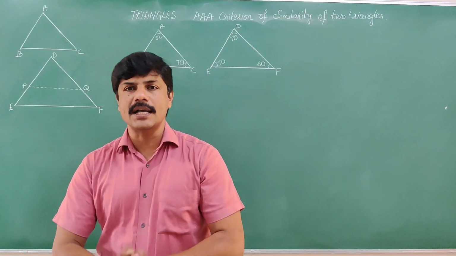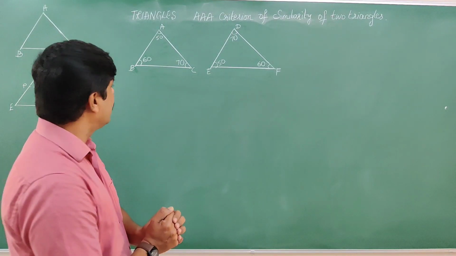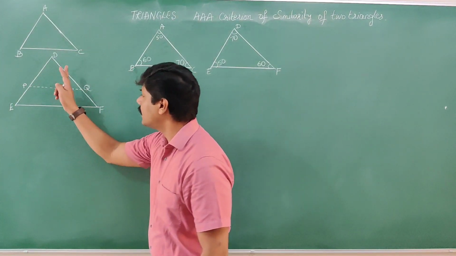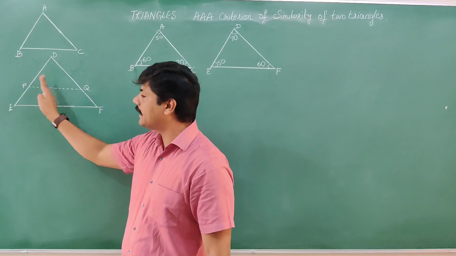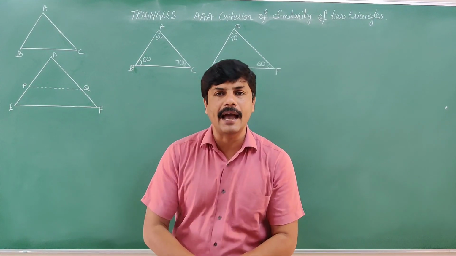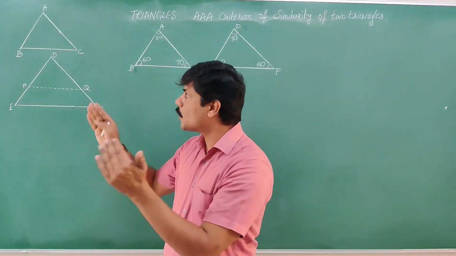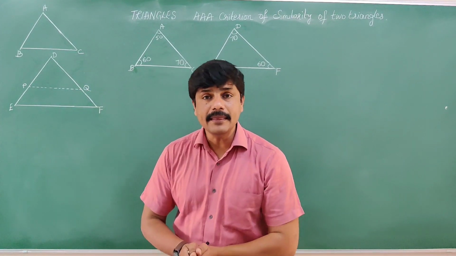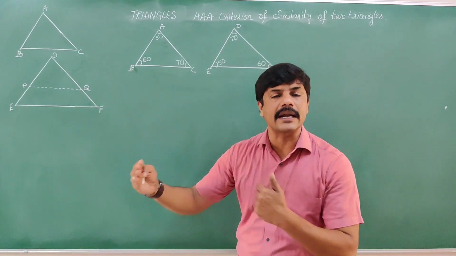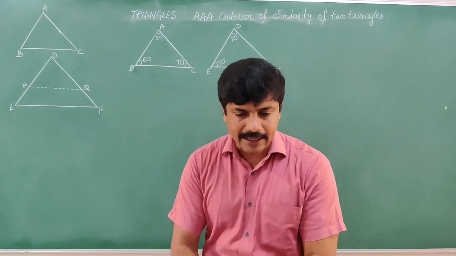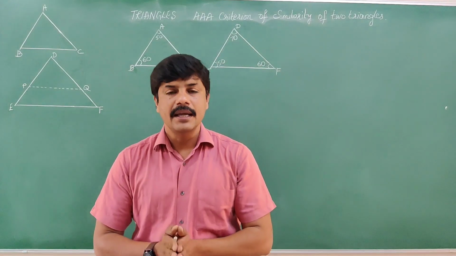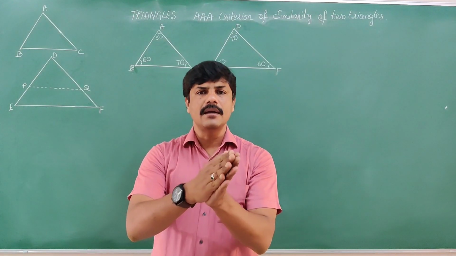The condition given to us is, if these two triangles ABC and DEF are equiangular triangles, if their corresponding angles are equal, then their corresponding sides are in the same ratio.